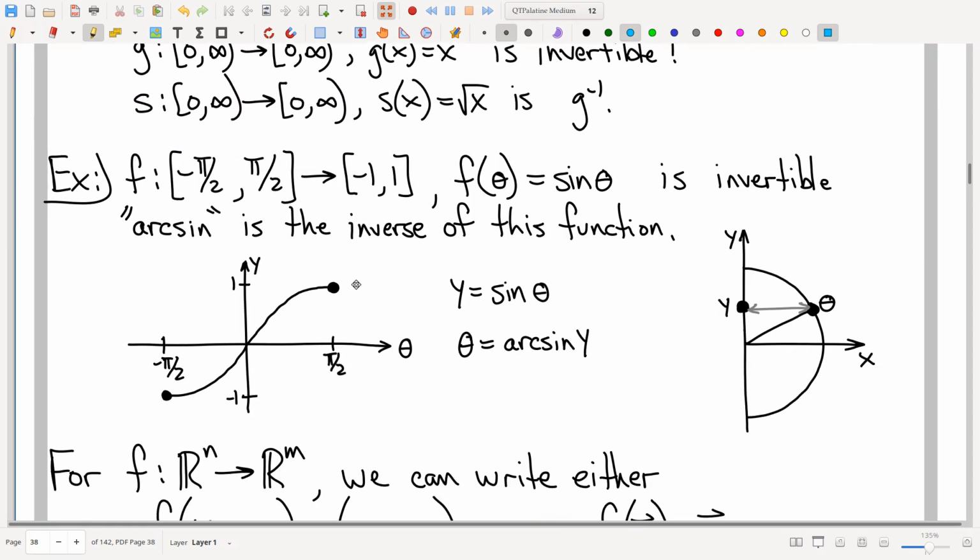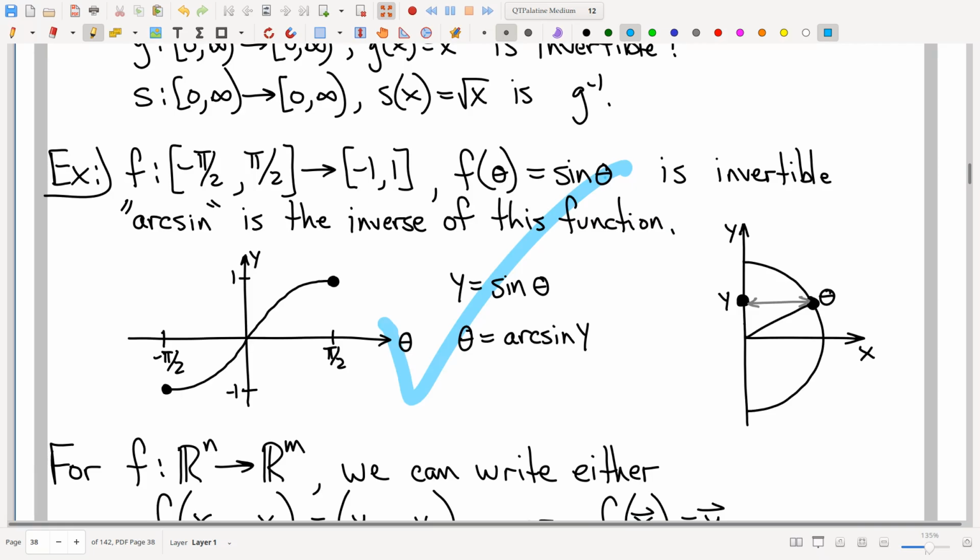Okay, a good exercise to think through on your own: sine theta has this problem too. Sine theta, defined in the usual way, real number in, real number out, is not invertible. It's not even close to invertible. It's even more wildly non-invertible than the square function.